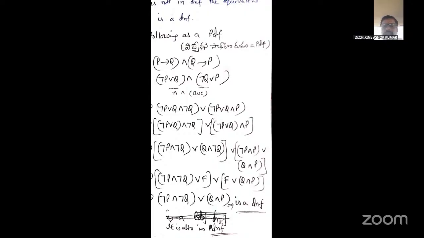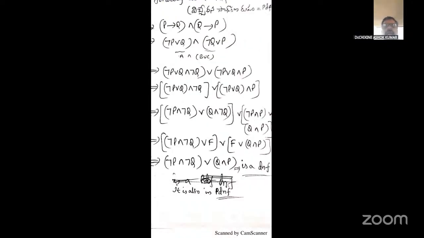Again, go for the next: negation P union Q intersection negation Q. Again, go for the distributive property. Apply the right distributive property.